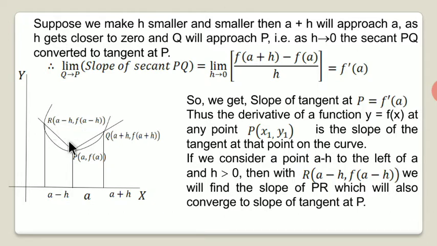Again, using these points P and R, we can find the slope of PR. We get the slope of PR as f of a minus h minus f of a divided by a minus h minus a. So again, it is nothing but the derivative of the function at that point. And so here, slope of PR also converges to slope of the tangent at the point P.